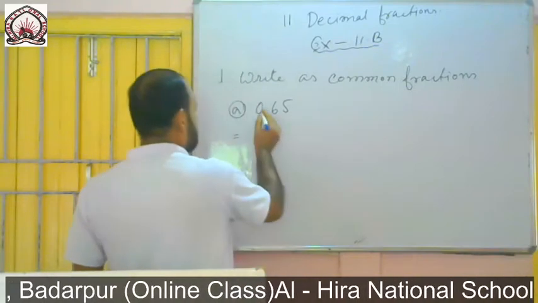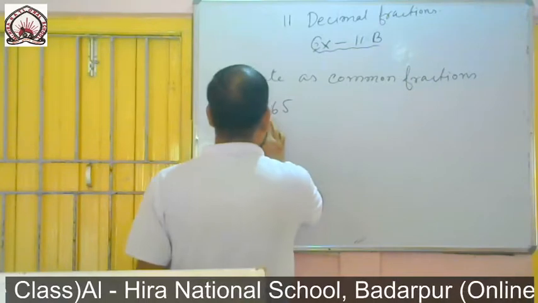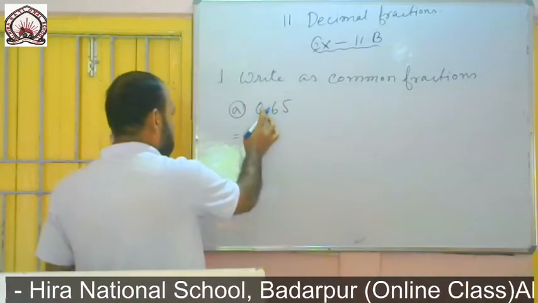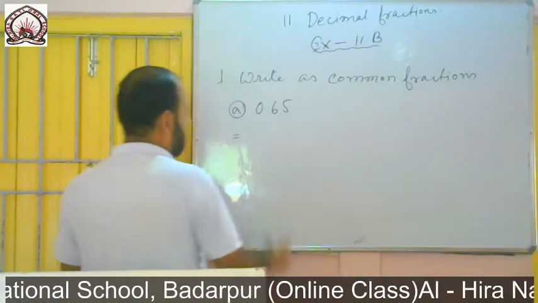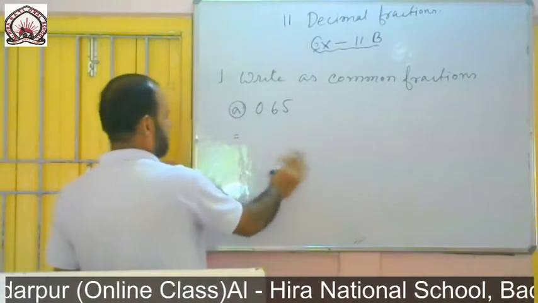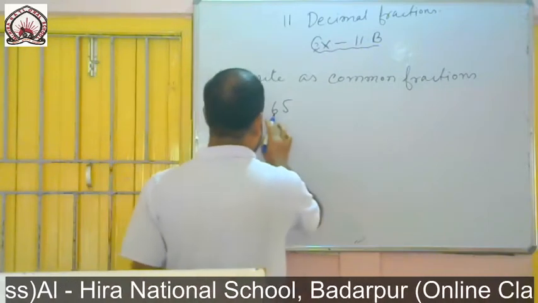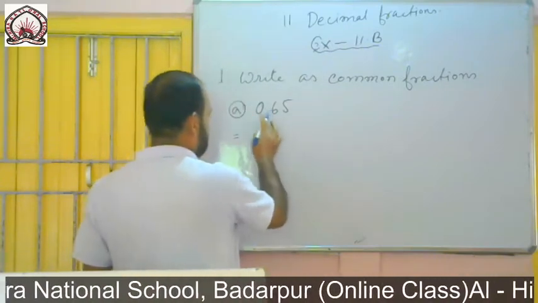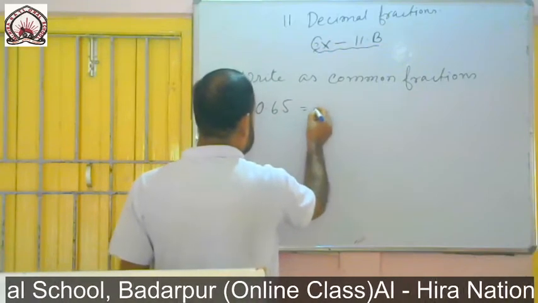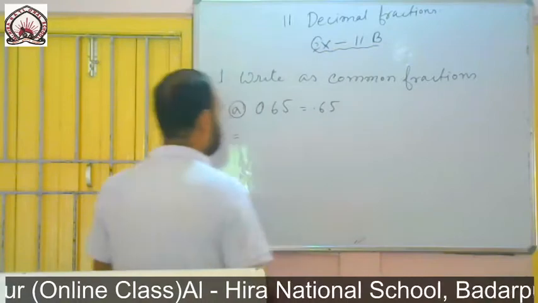We know that in decimal fractions, if there is a zero before the point, it is valueless. It has no value. So first we write without this 0, 0.65.